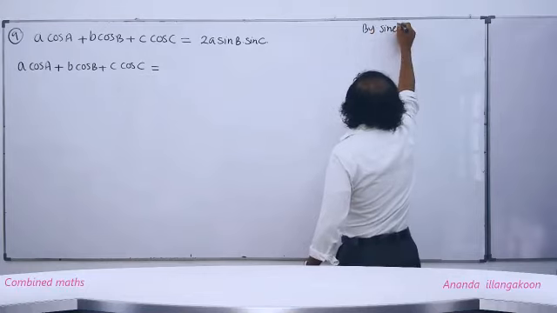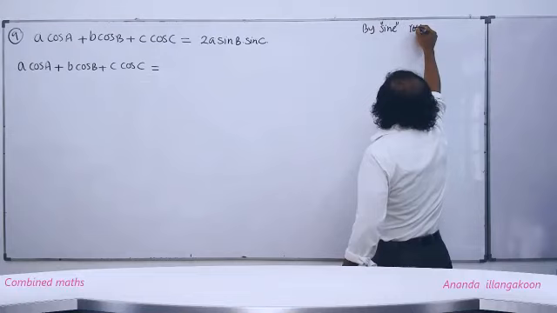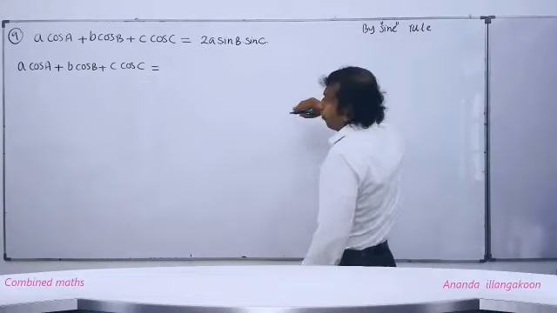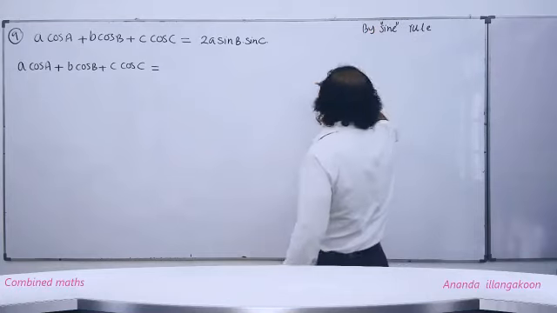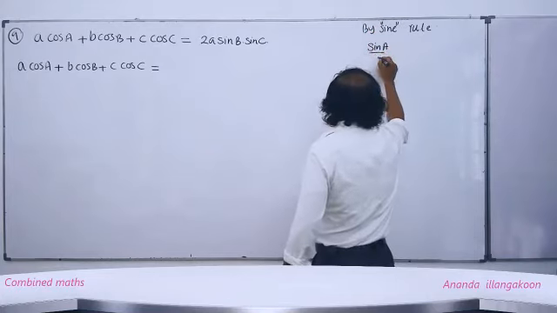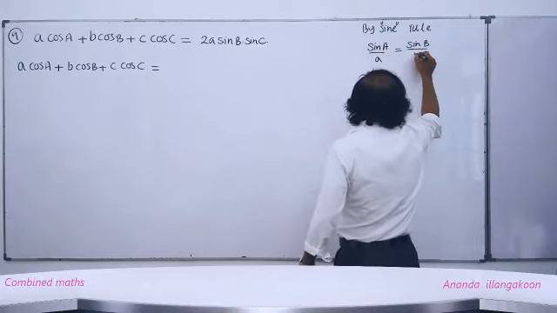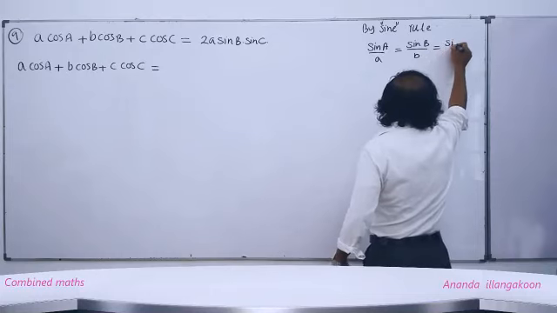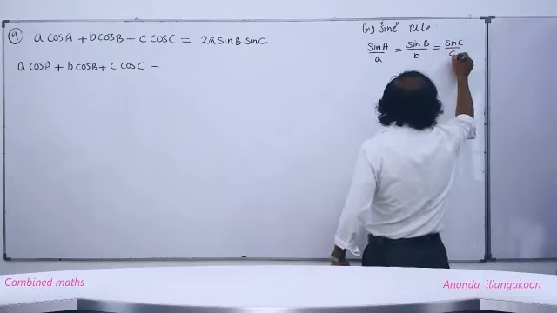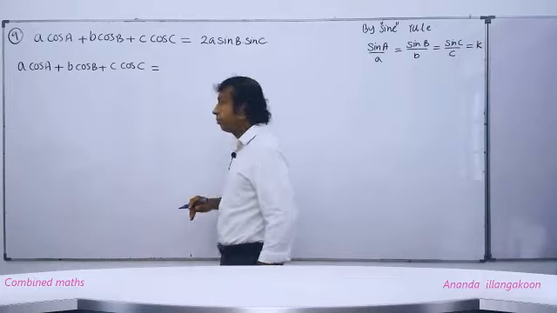People, the sine rule has two forms, and according to the requirement you must write the required form. In this case, I am going to write sin A over a equals sin B over b equals sin C over c. This is really key.